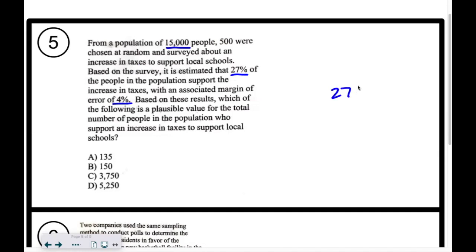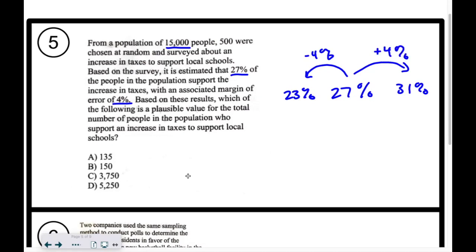So again, that means 27% in this sample did. And we figured out that there's a 4% margin of error. So 4% this way is 23%, and 4% this way is 31%. Right? So I went 4% in this direction and 4% in this direction. So it's likely that the number of people in the population who support the taxes is between 23% and 31%.